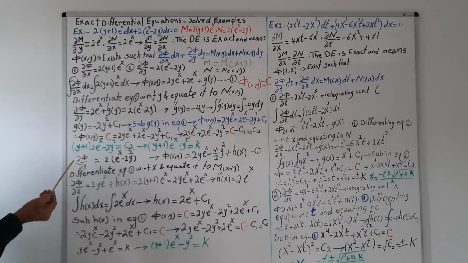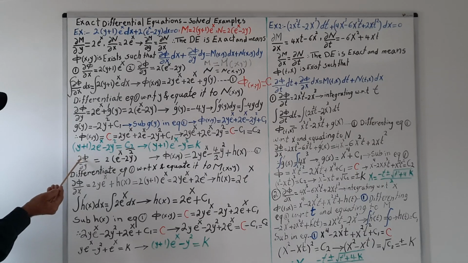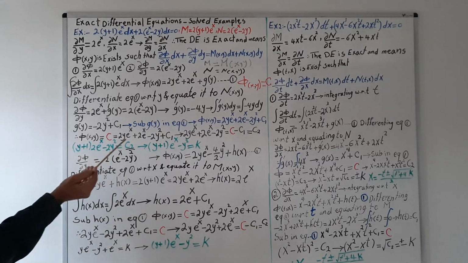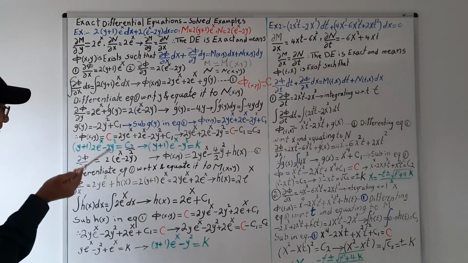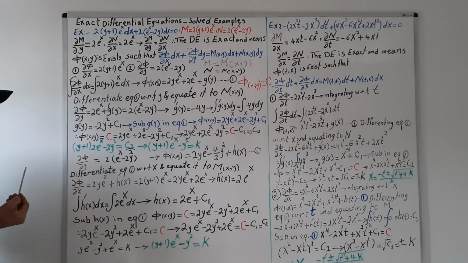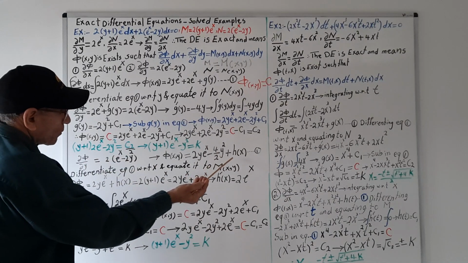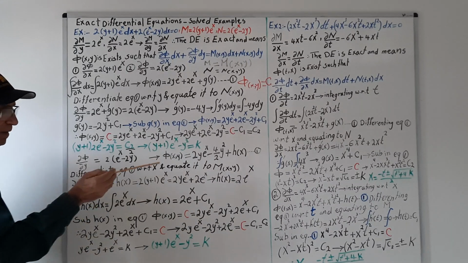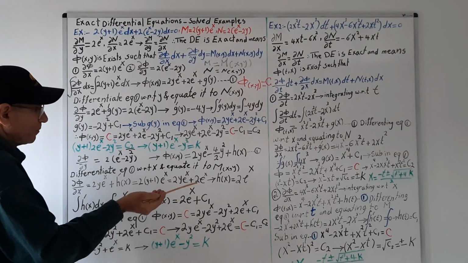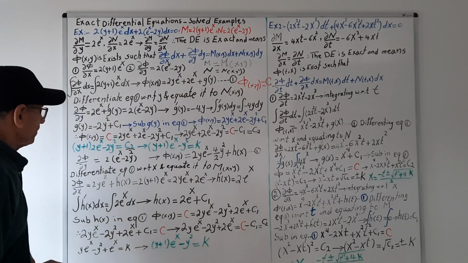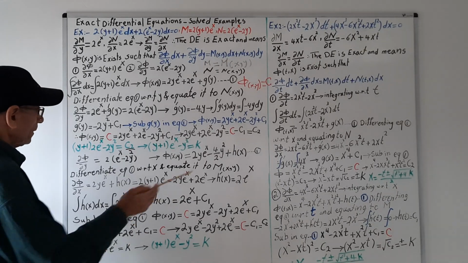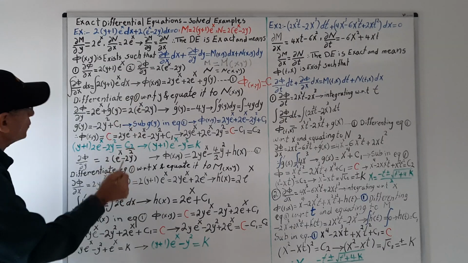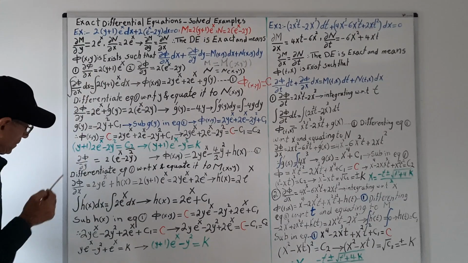The second choice, we take the partial of phi with respect to y and equate it to N, and then integrate the equation. So our constant of integration will be function h of x, a function of x, because we are integrating with respect to y. And it's also called equation 1, the same steps we used in the first choice.